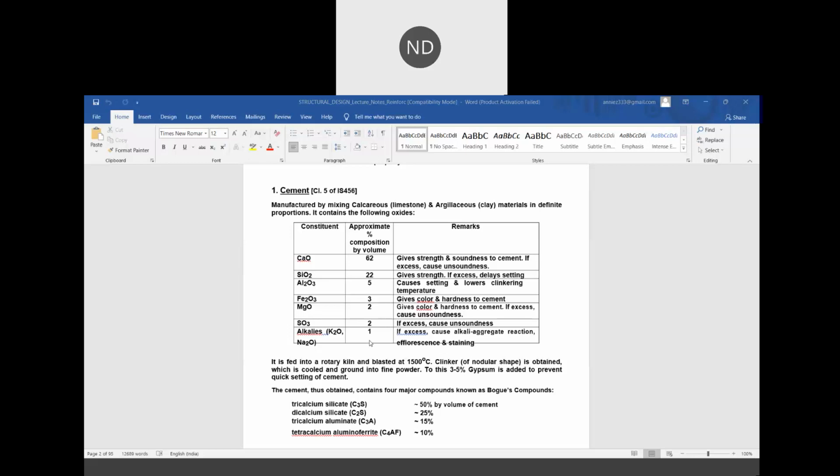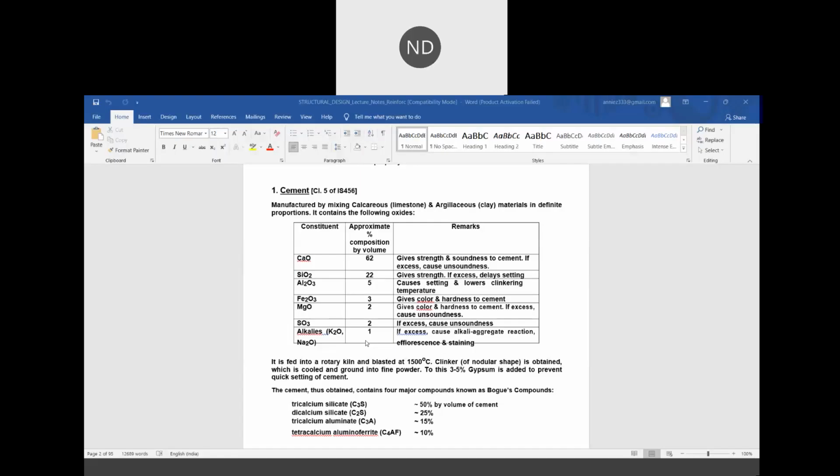So if we see here, what does our clause say? In the IS code, all the specifications are already given. These are the specifications for materials provided by the Indian Standard Code.